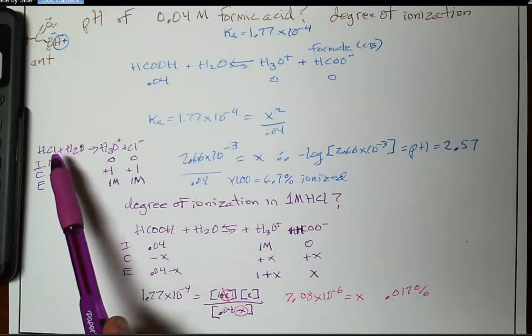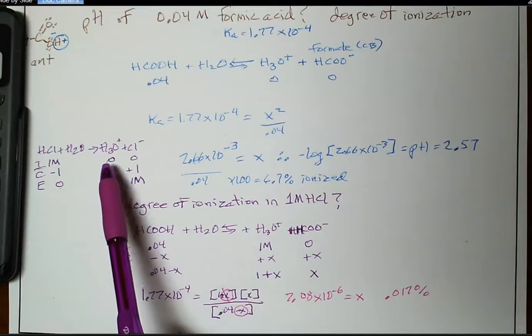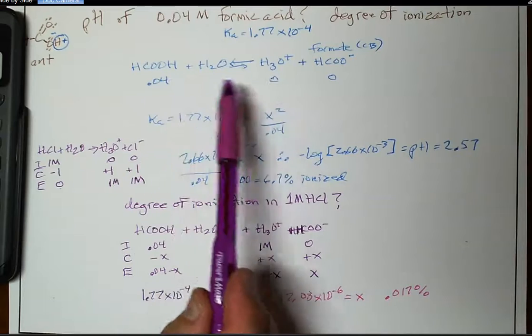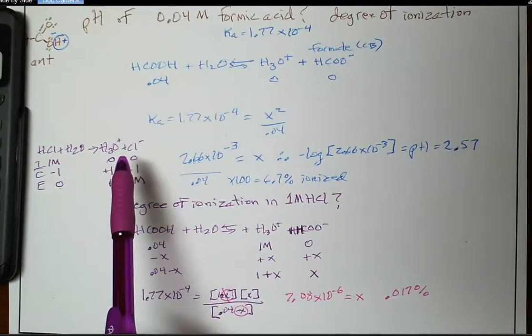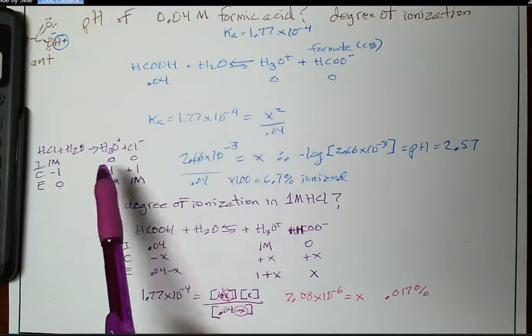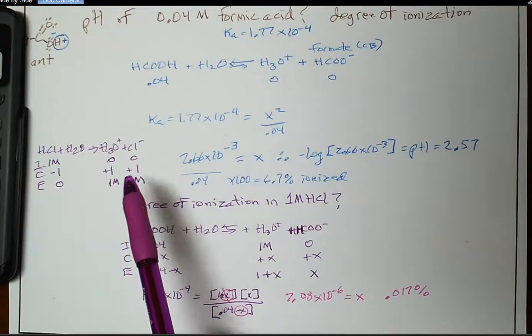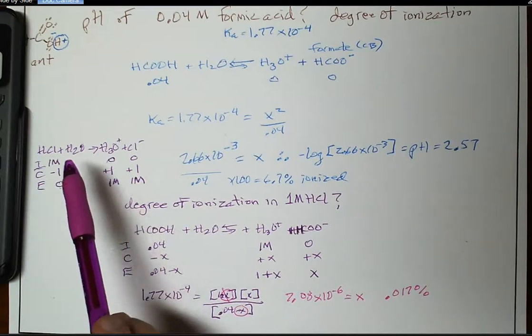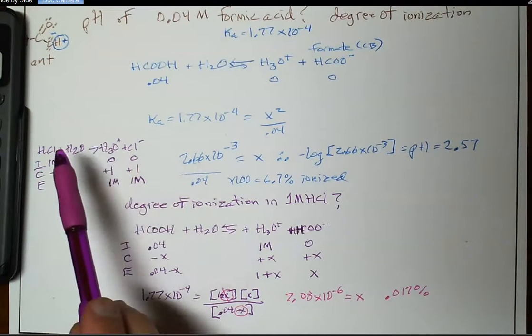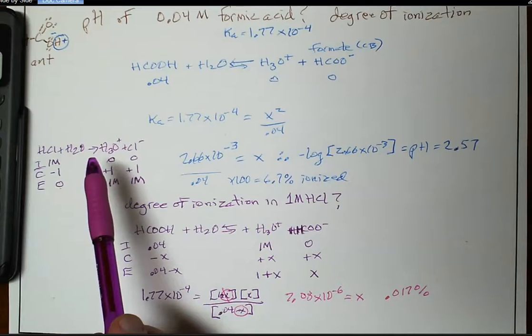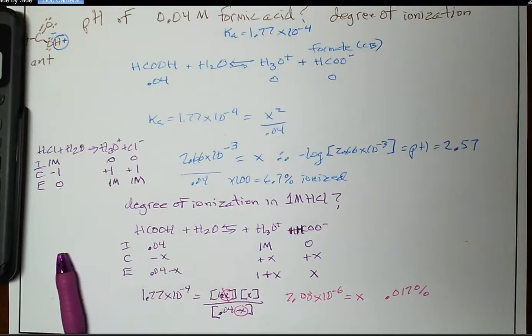Hydronium is common to both. Ionization of hydrochloric acid produces hydronium. The ionization of formic acid produces hydronium. And so the common ion, if they're both producing it, neither produces as much. Now the impact on the ionization of hydrochloric acid is going to be negligible because it's a strong acid. It ionizes completely. But you can see that it had a really big impact on the ionization of the weak acid, the formic acid.